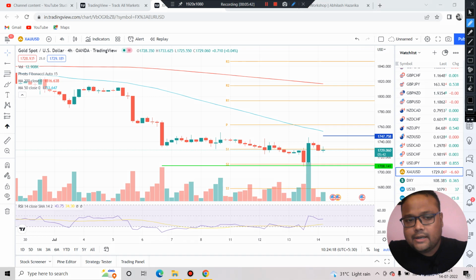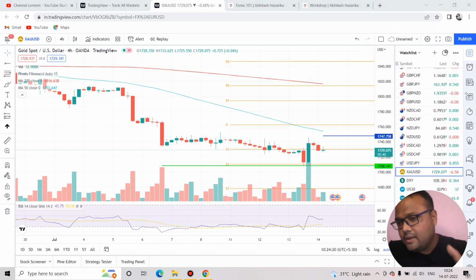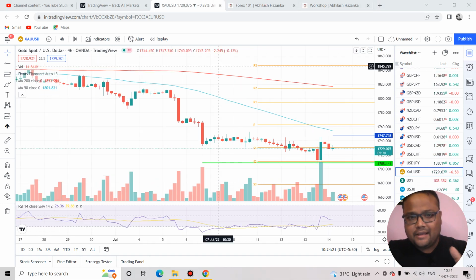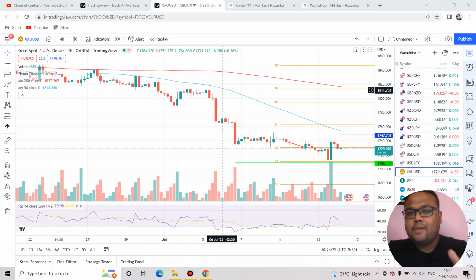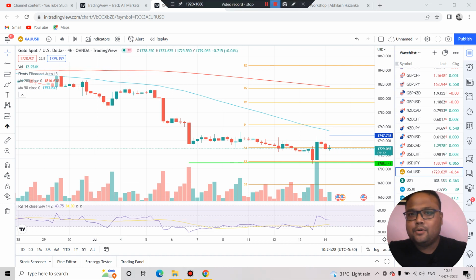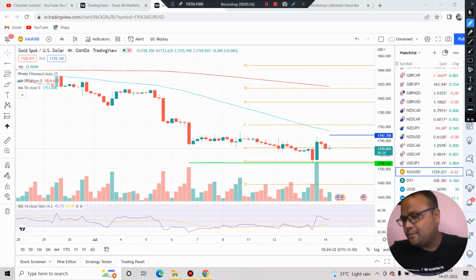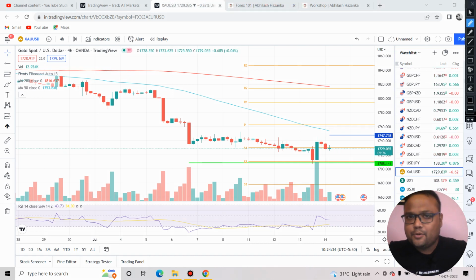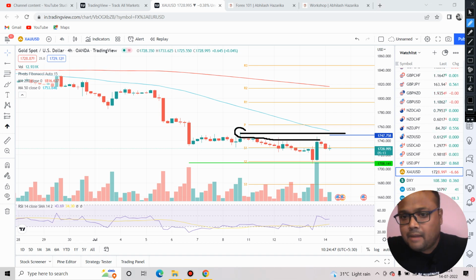If you look at the chart carefully, you know it very well that gold is in a downtrend. In a downtrend market, following the trend is the best option. Yes, I have been talking about a buying position, but if you are really looking for safe trading opportunities, then taking a sell position in a downtrend market is the best thing to do. So if the market reverses from the 1750, 1747 level, definitely you can go for a sell position, because we have seen the market rejecting the price around this level.